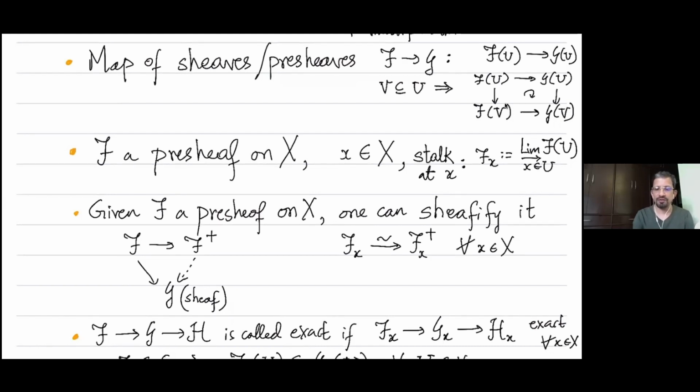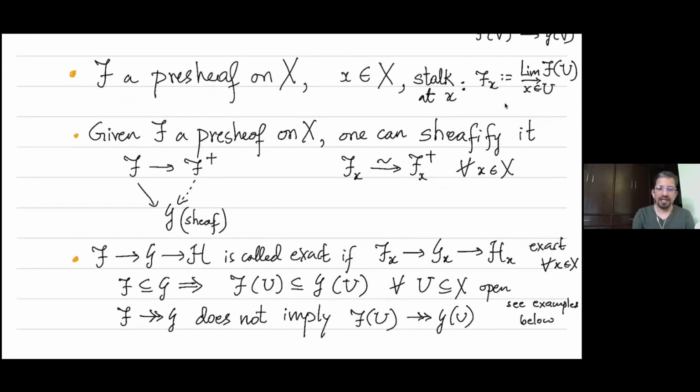Given F and G, to give a map from F, a sheaf on X, to another sheaf G on X means to supply, for every open set U, a group homomorphism like this. Moreover, it must be compatible with the restriction homomorphisms. So if you have an open set V and these restriction maps, then the group homomorphisms you specify on U and on V are compatible like this.